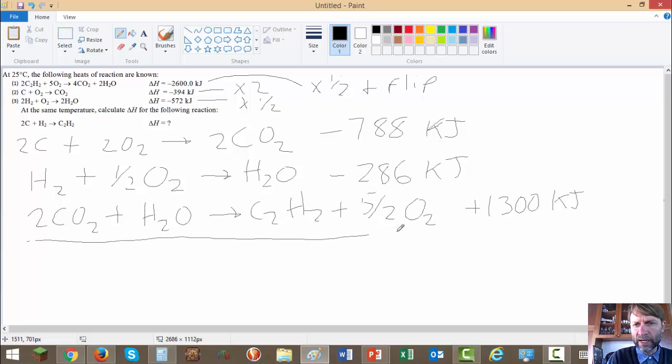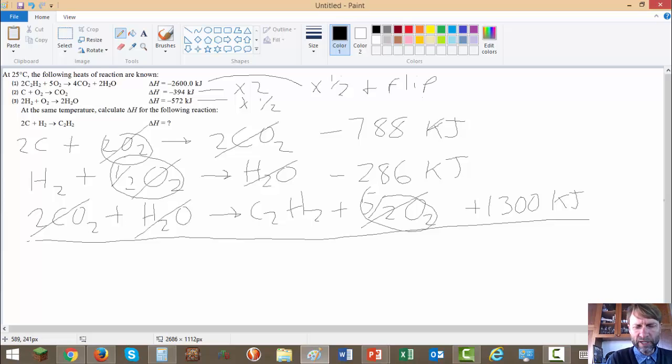Now we can go ahead and add these all together and cancel out like terms. So there's 2CO2, those disappear. Here's one water and another water, those disappear. And here we have 4/2 O2 and 1/2 of O2, that makes 5/2, and here we have 5/2, so those can cancel each other out.